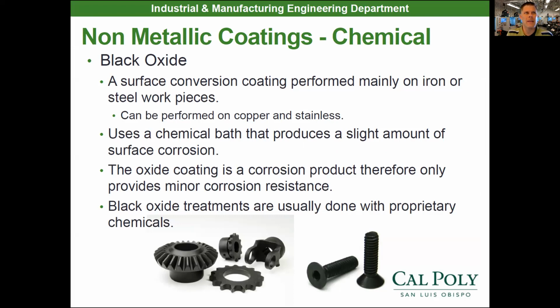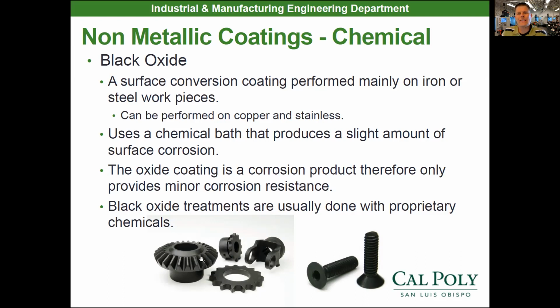I think it's Fe4O3, where rust is Fe3O2. Fe3O2, I think, is iron oxide. So it's basically got one extra iron and one extra oxygen in this coating compared to rust, and it leaves a black surface on the top of your part. Because this is an oxide coating, it is basically a rust coating, but it looks better.